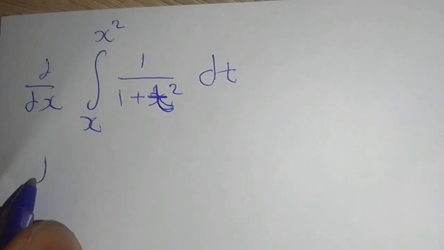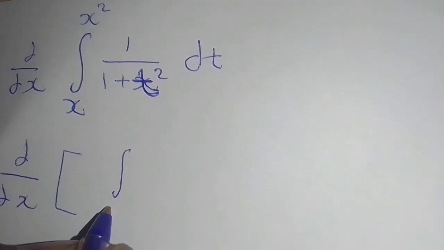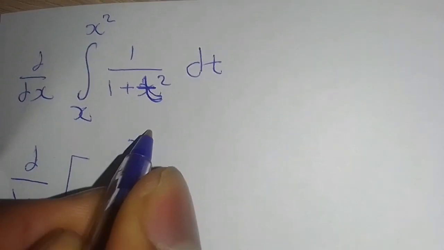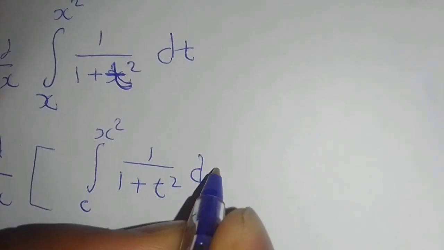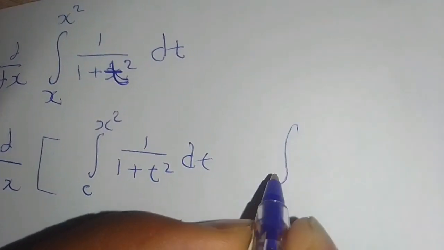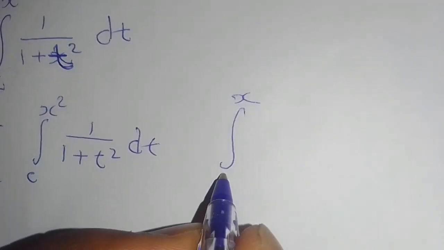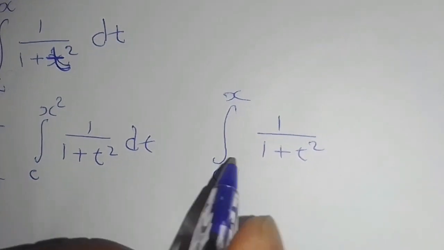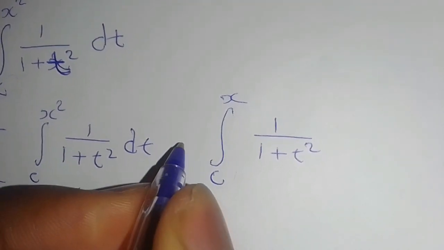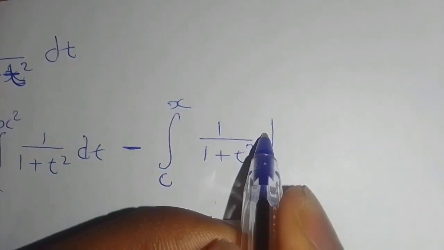Remember, you can rewrite this integral as d over dx of the integral from some constant c to x squared of 1 over 1 plus t squared dt. It depends whether you want to put in a plus or a minus, but I want this x to be on top, and then you have c there. Since this one comes with a negative c, you put in a negative. The lower boundaries will cancel out, and then you have something like that.